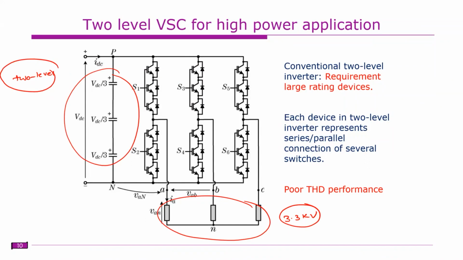This 3.3 kV is the RMS line voltage, right? So how much do you require? 3.3 by 0.9. Why 0.9?